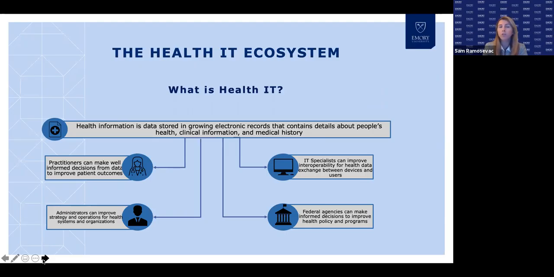We're also going to look from the standpoint of administrators, how they can improve strategies and operations for health systems and organizations. Also, IT specialists can improve interoperability for health data exchange between devices and users. And to mention also federal agencies such as the Centers for Disease Control and Prevention or FDA, they can make informed decisions to improve health policies and programs. So next slide, please.